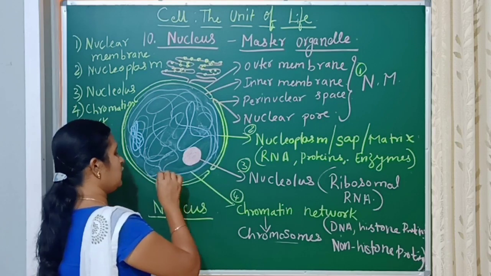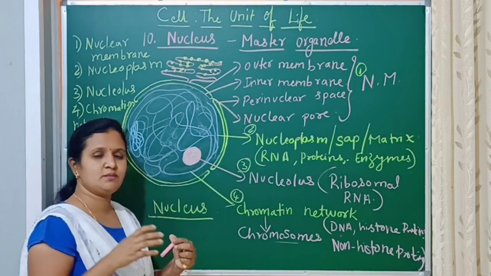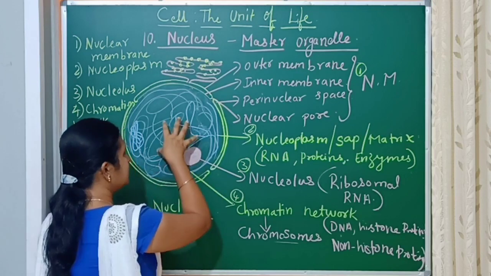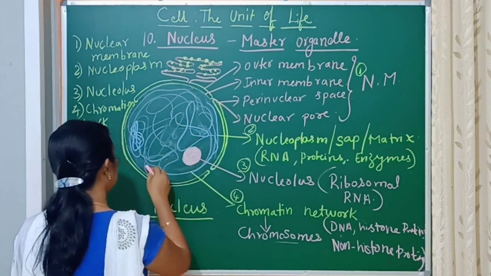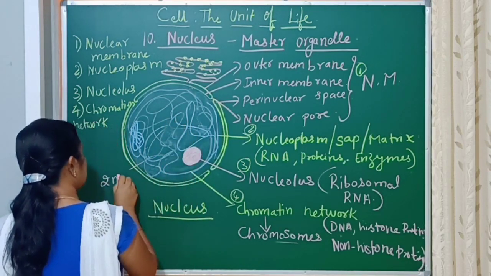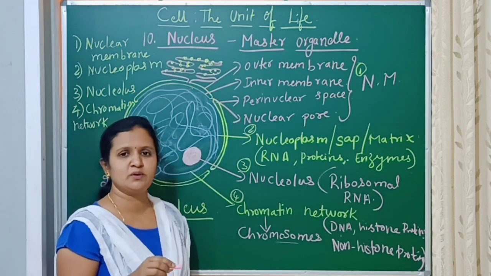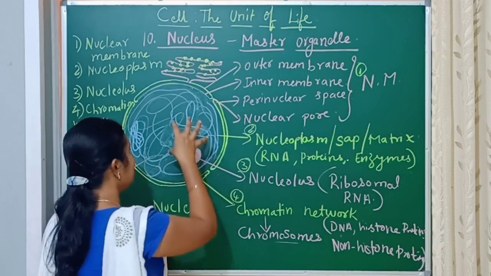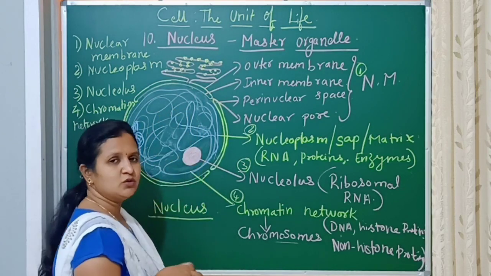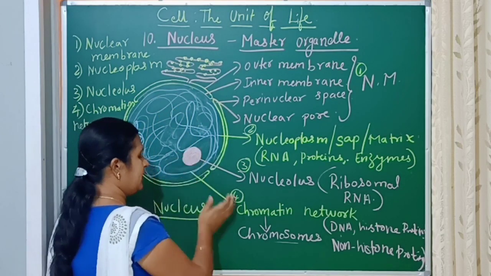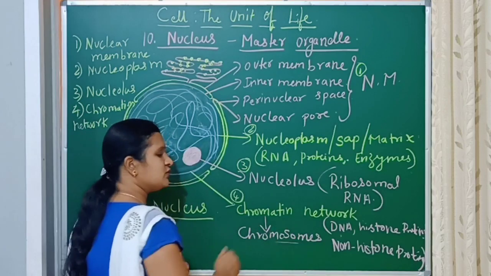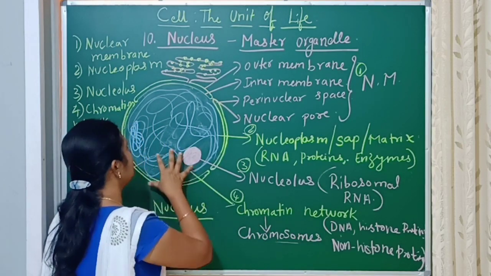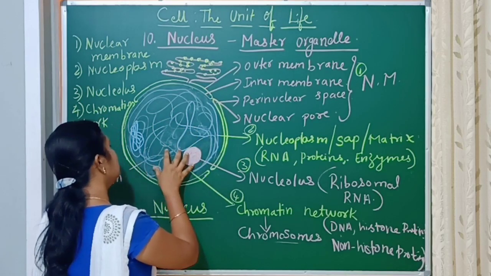In the human being, the DNA present inside the nucleus is almost 2 meters long. Such a 2 meter long DNA is compactly packed inside the nucleus, and later distributed into the 46 chromosomes.